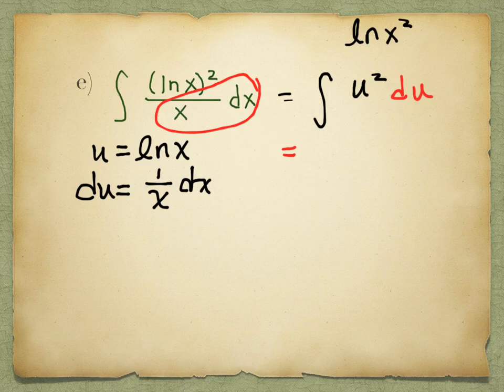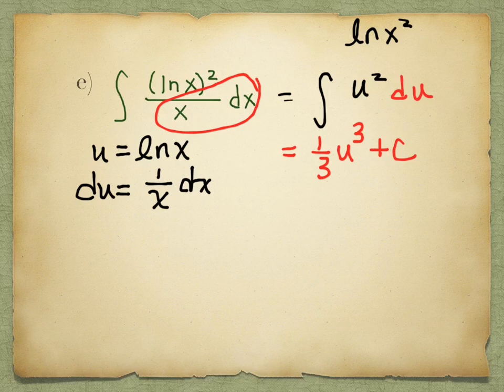The antiderivative, not the derivative. And this is 1/3 u cubed, or you might remember it as u cubed over 3, which is the same thing, of course. Am I done? Replace u. I have to do that, but not yet. Plus c, good.